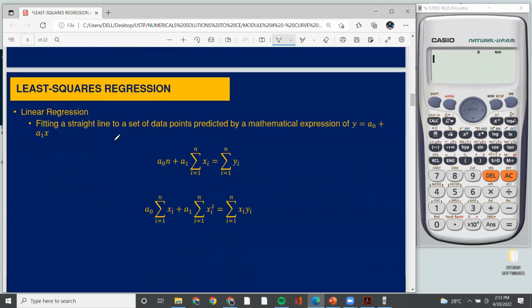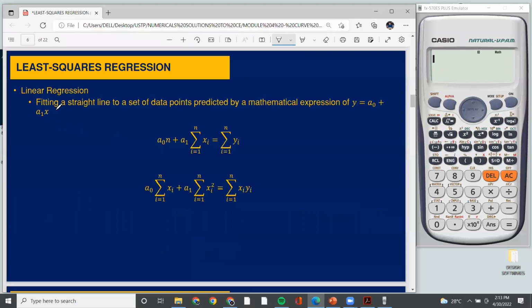Okay? So for linear regression, fitting a straight line to a set of data points is predicted by the mathematical expression y equals a sub 0 plus a sub 1 x.